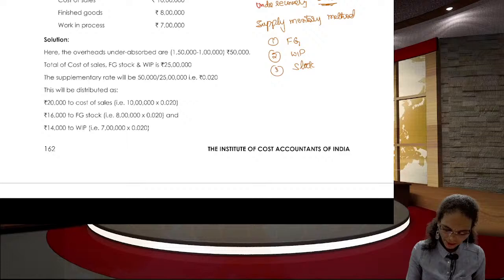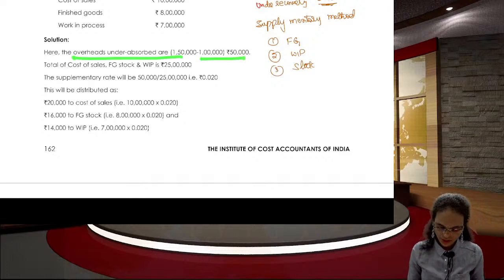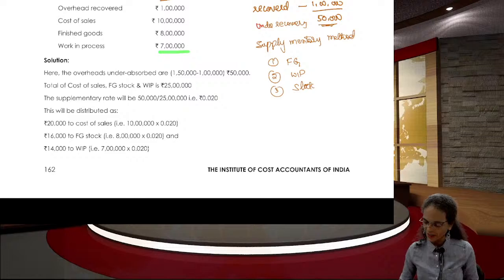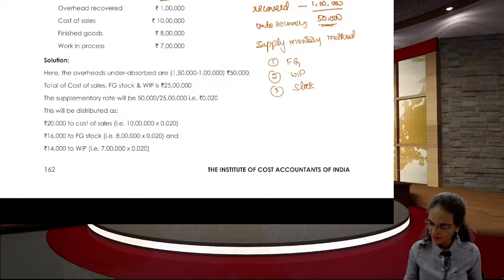So come here. Here the overheads are under recovered, 50,000. Total cost of sales is given as 10 lakhs, finished goods 8 lakhs and work in progress 7 lakhs. 10 lakhs plus 8 lakhs plus 7 lakhs is nothing but 25 lakhs.